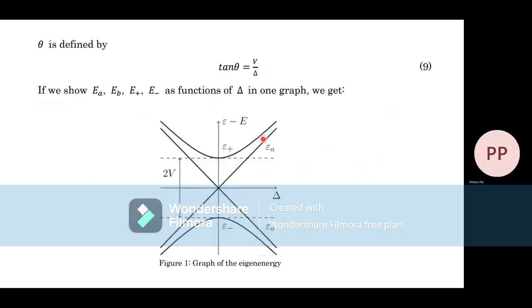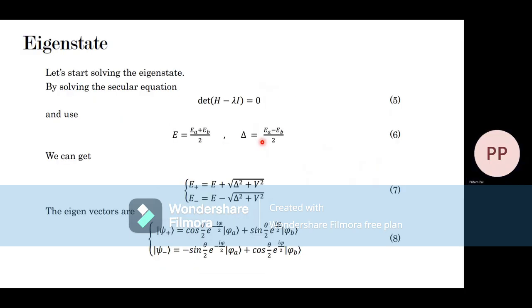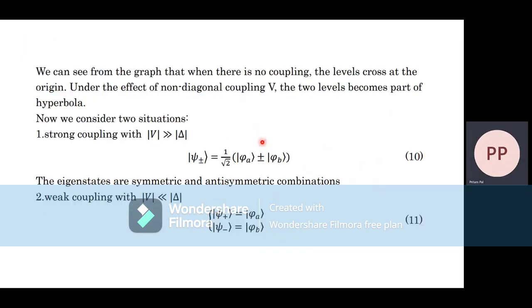So it will be a hyperbola, as is very clear from the equation. This is very important: under the effect of the external perturbation, how the system is going to behave.